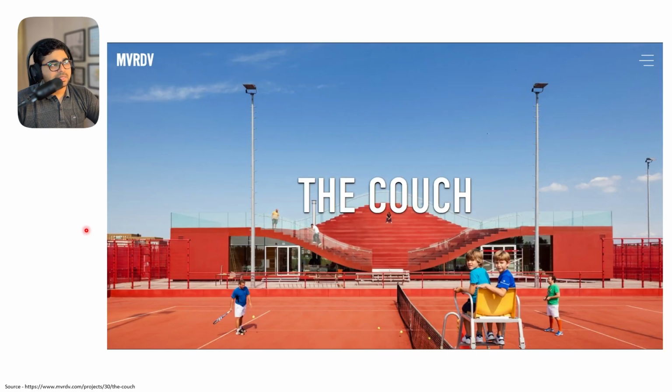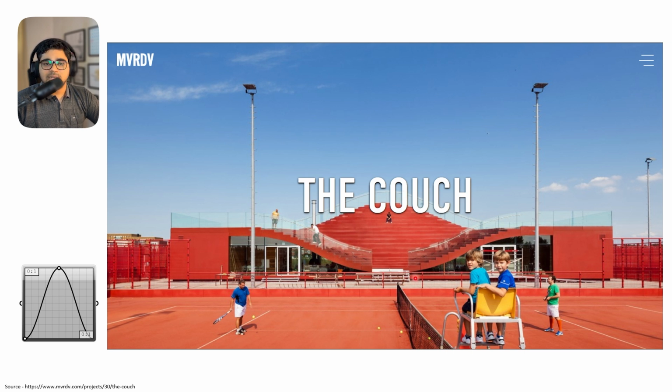And then the other example is this project called The Couch designed by MVRDV Architects, which is a multifunctional tennis clubhouse. Like you can see the people playing tennis here, and whatever this kind of an arc you get is by using a graph mapper. And the one that I think they have used is this, so that they have used the reverse of this in the front and then the same one at the back end, and in between they have sliced it out to create steps for people to view the tennis game.